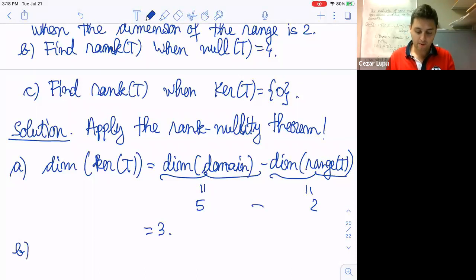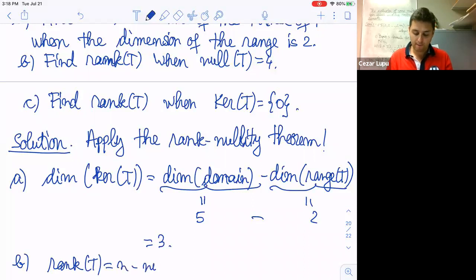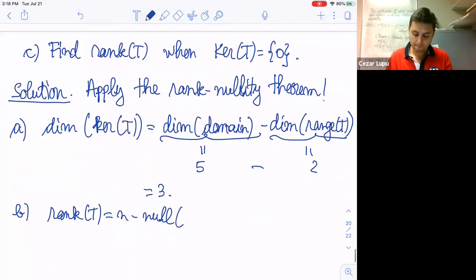And for part B is the same thing. So we have that the rank of T is n minus the nullity of T, which will be 5 minus 4, which will be 1. That's it. And C is the same thing.